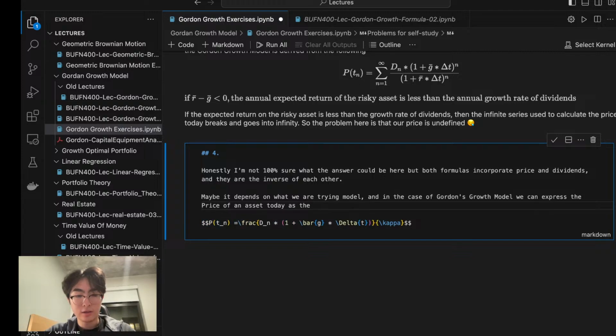As the dividends received in the next period divided by kappa, the capitalization rate.